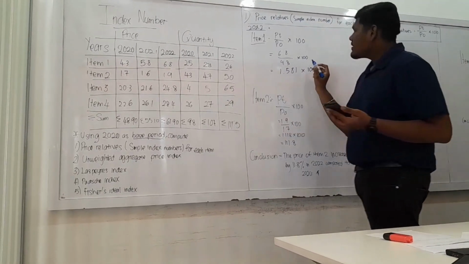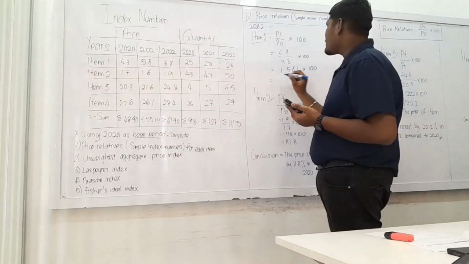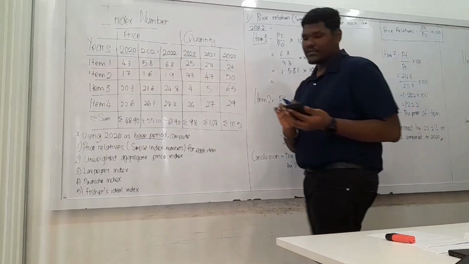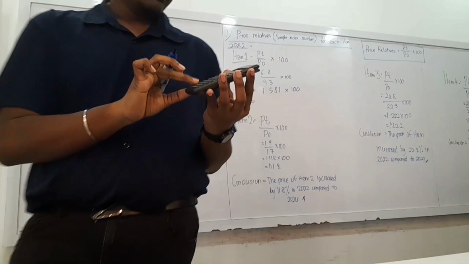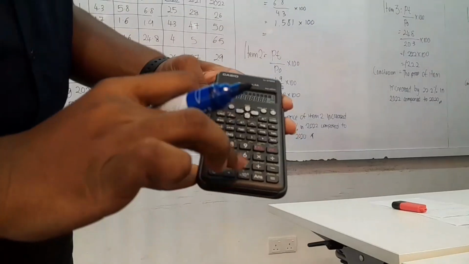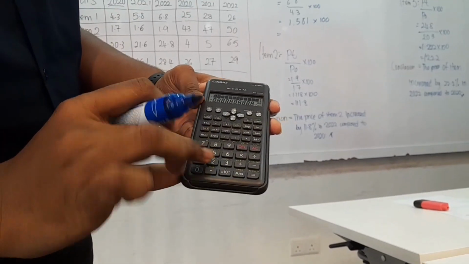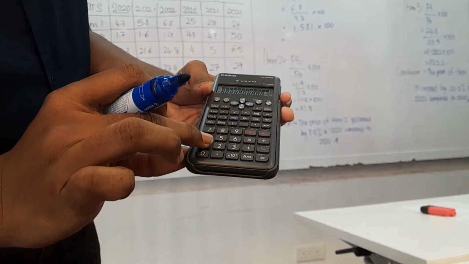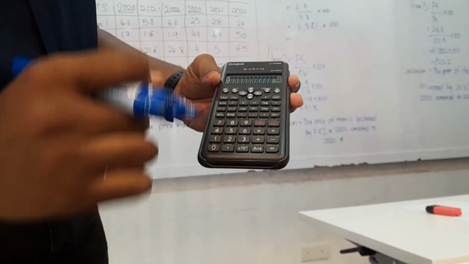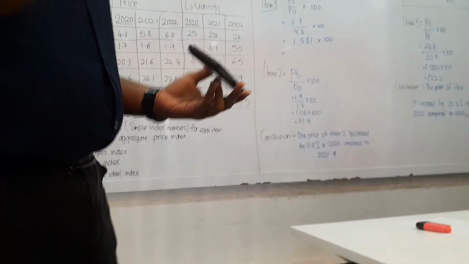Okay, so now we have to multiply this by 100. So let's do it again. 1.581 times 100 is 158.1. Okay.